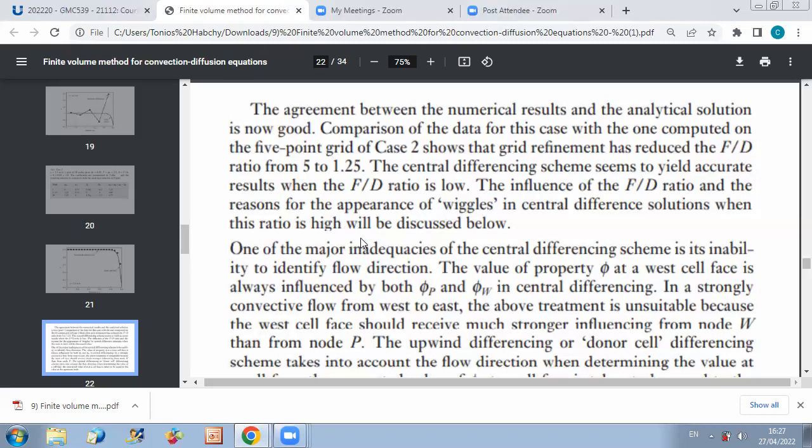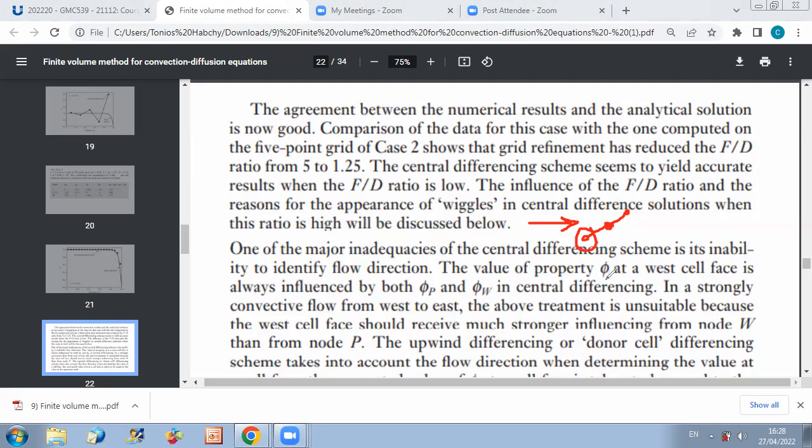One of the major bad effects of the central difference scheme is its inability to identify flow direction. As we said, the central difference scheme takes linear interpolation. So when we have dominant convection, it will not perform well because in dominant convection the value at the node here will be affected more by the value that is convected by the flow.